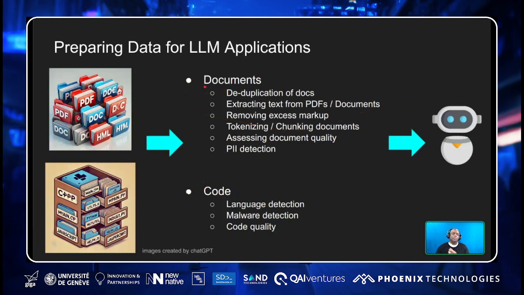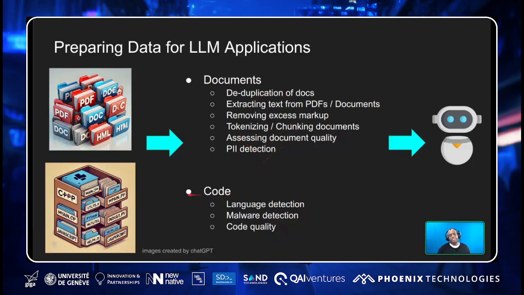Maybe you want to deduplicate the documents. And maybe you have lots of different types like PDFs, Word, and you want to extract them into a format that your LLM can understand, maybe text. And let's say your documents have some personal data, like somebody's credit card numbers or a phone number. Maybe you want to remove those. So these are some of the common tasks that you would do when cleaning documents.